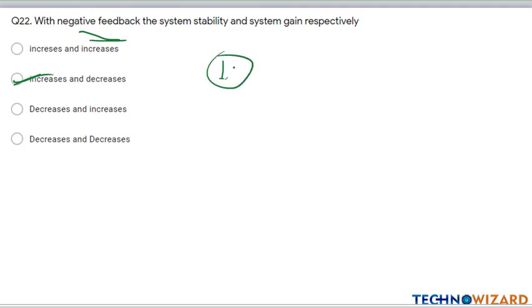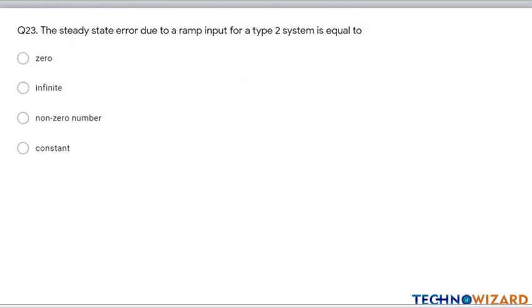Remember this point. Question number 23. The steady state error due to a ramp input for a type 2 system is asked. I am preparing one table here: type 0, type 1, type 2. Remember this table.